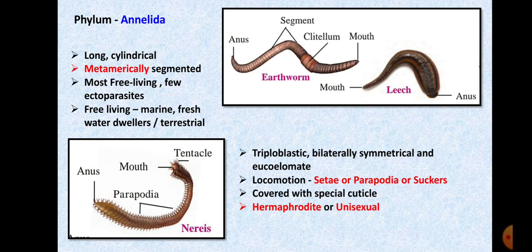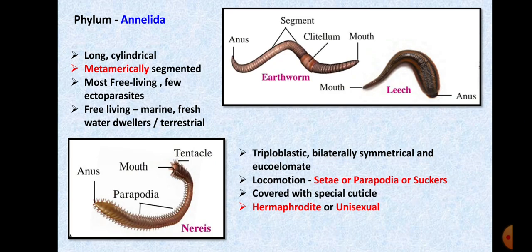You can see a small ring-like structure on the body of the earthworm, which is very prominent. Next is metamerically segmented. Metamerically means the body is divided into equal segments, equal units. So here the body segmentation criteria is completed.